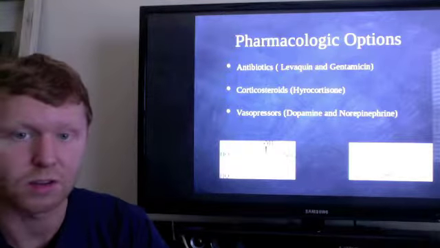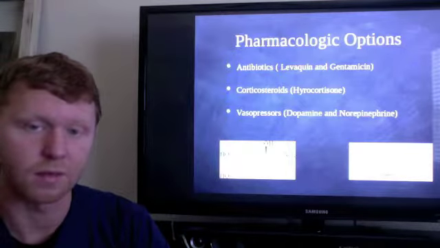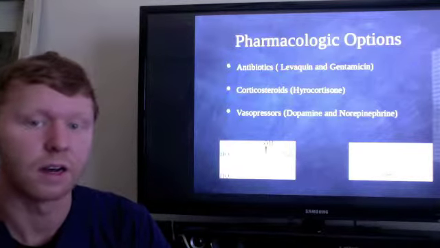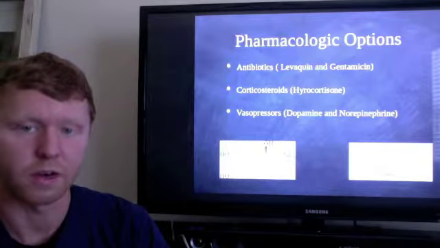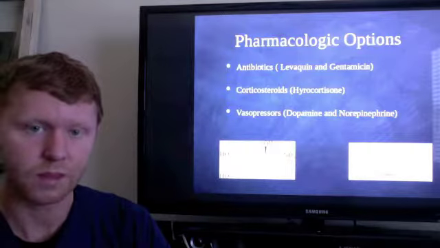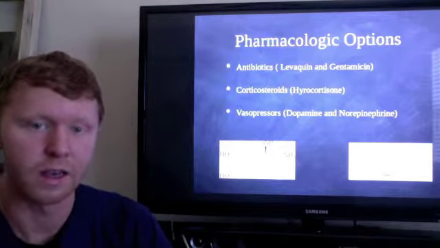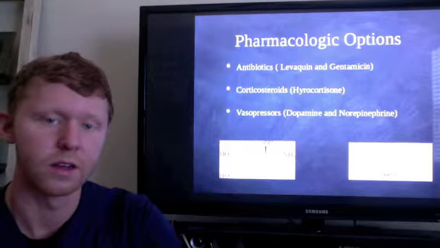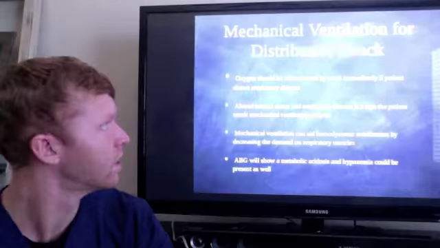This is actually used if the fluid replacement is not helping the patient either. Vasopressors, dopamine and norepinephrine, are used to vasoconstrict the vessels in the body and increase the cardiac output and increase the blood pressure.